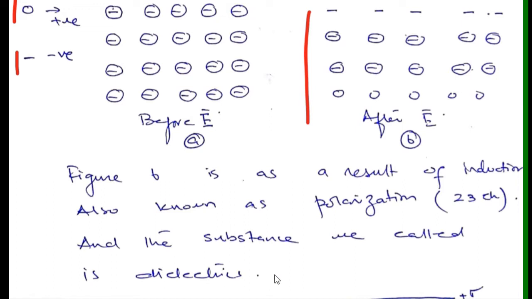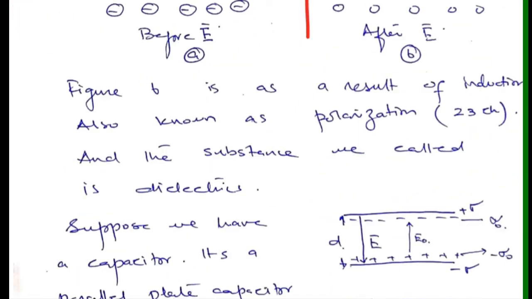There are different types of dielectrics. Some are permanent dielectrics, and in some insulators I can induce polarization and can make them useful as a dielectric material. So now this dielectric will play a very important role in capacitors.